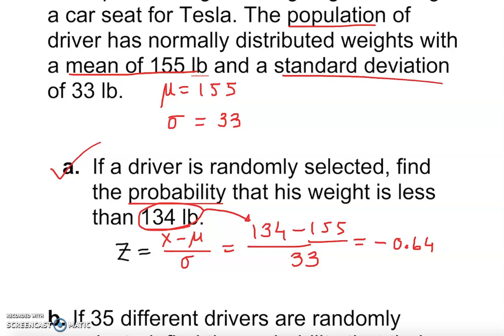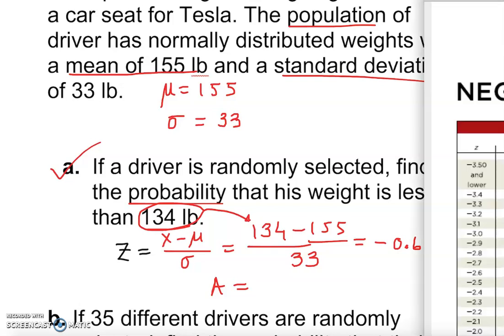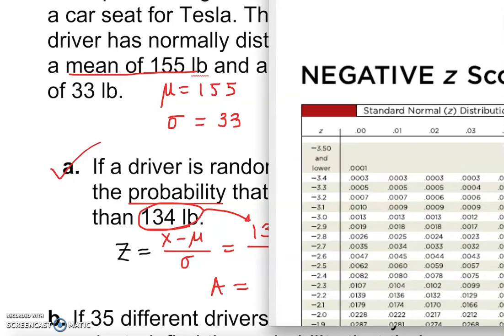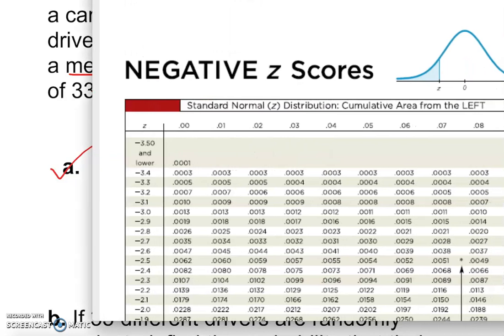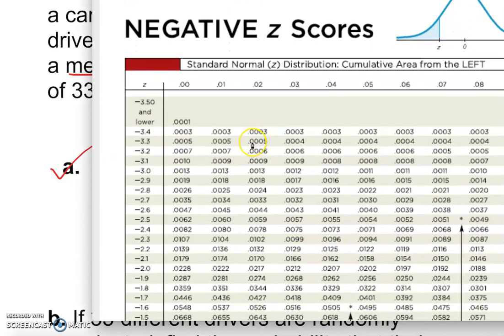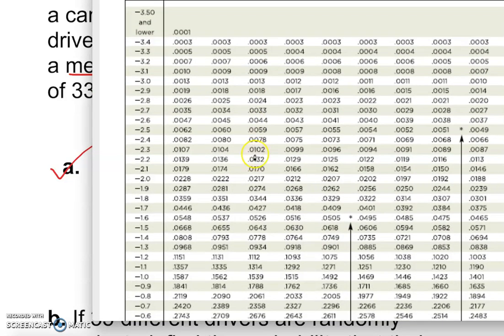That's all. We go to the z table and get the area. So what is the z table value for negative 0.64? Negative 0.6 and 4. I want to make sure you understand that.